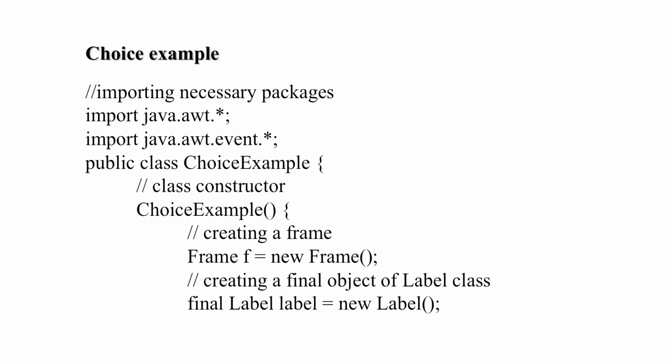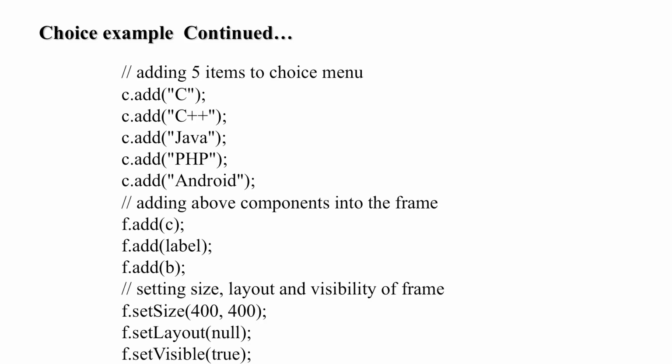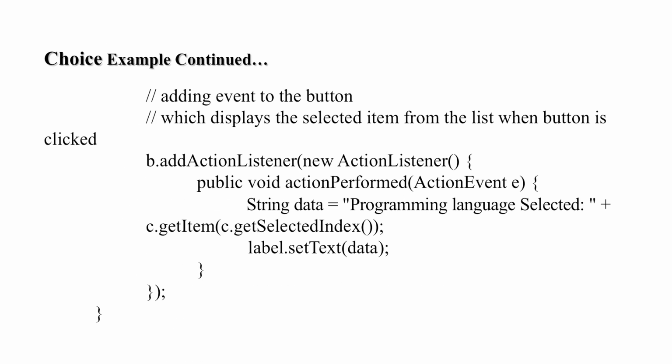Next is the choice example. Another case is we will declare a new frame, then we declare the label, with center alignment, then we have taken a button, show, then we add different types of languages, C++, C, Java, Android, and we will register the event also there.